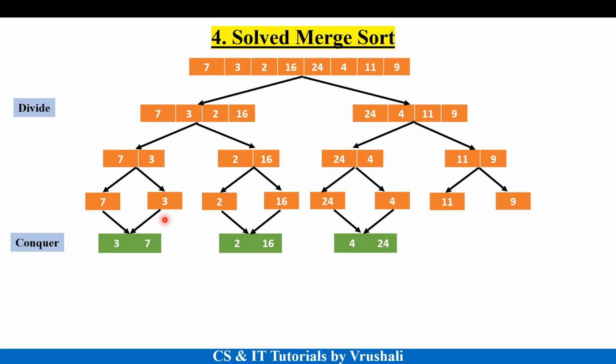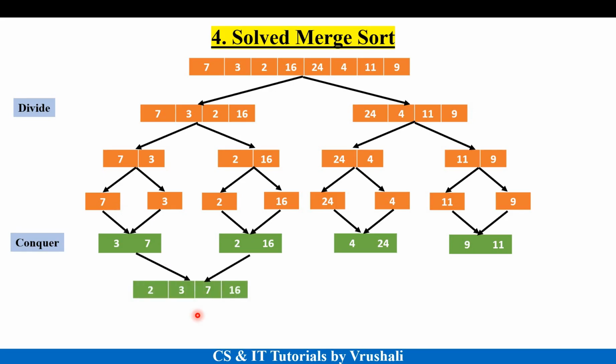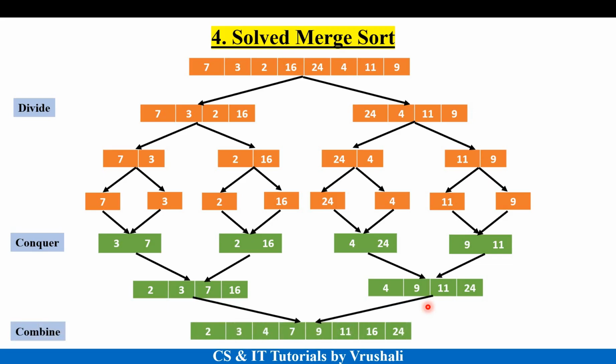Again merge 4 and 24, and again merge 9 and 11 in this way. Again you perform the merge operation and sort it: 2, 3, 7 and 16. Again perform the sort operation: 4, 9, 11 and 24. And at the end again you merge it, that is, combine it. In this way you sort the online order delivery times. So this is the concept of mergesort.